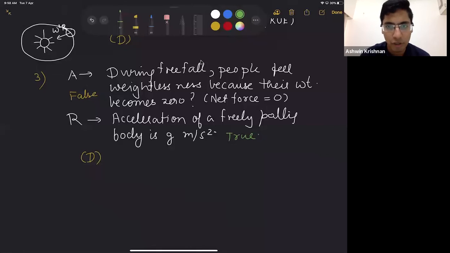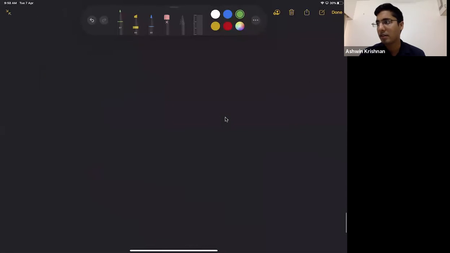Okay, so I'm going to end the poll. So there are some conceptual questions like this, which mostly come in this. All that you need to know is you always analyze it from the point of view of an inertial frame of reference. Always. Okay. Now, to revise, we have done inertial, non-inertial frames.